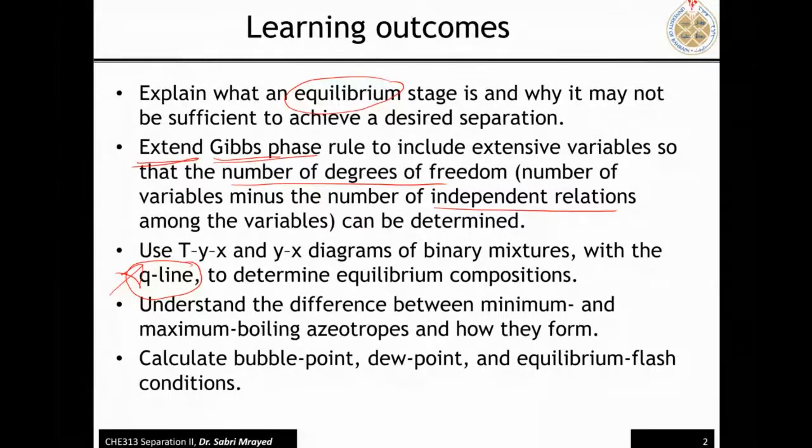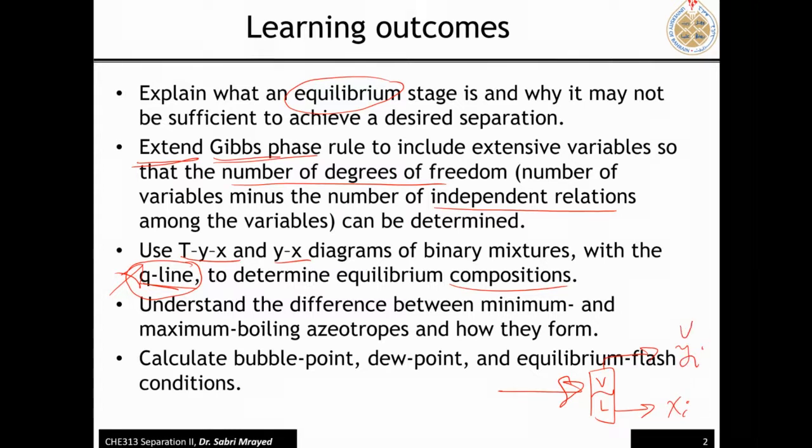Of course, for a single stage, now we're talking about one single stage, how we determine from the Q line and from the TXY or YX diagram the composition of the outlet. So if you have, for example, a stream, and then you have vapor and liquid at equilibrium, you need to determine, for example, Xi and Yi of your products.